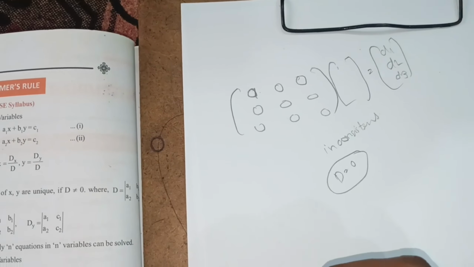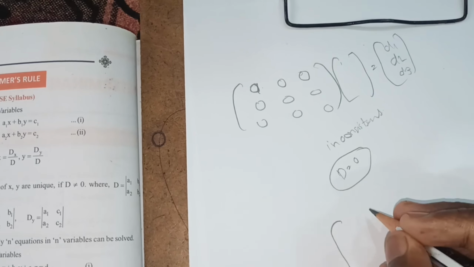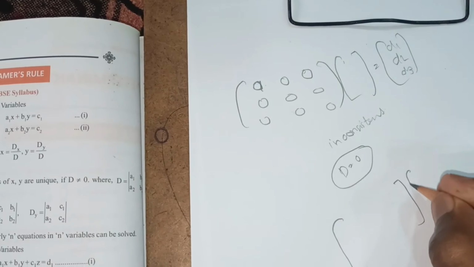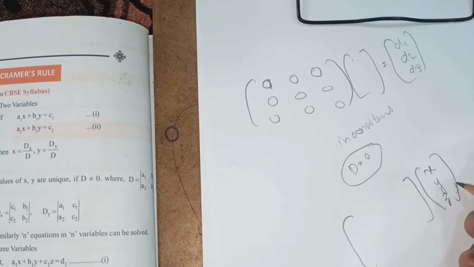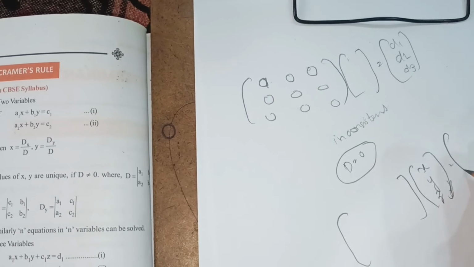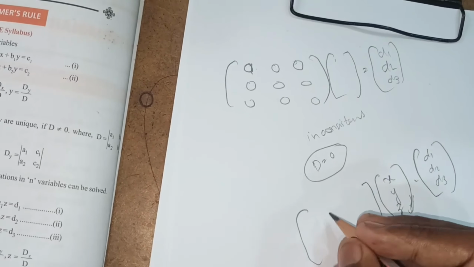For d not equal to 0, what happens here? The x value can be anything. The x value can be found easily. For correct d values, given d1, d2, d3, the x value can be anything.